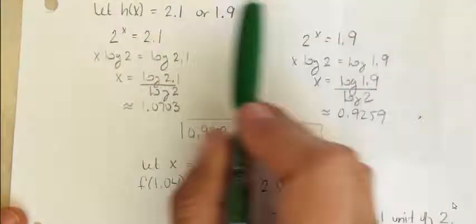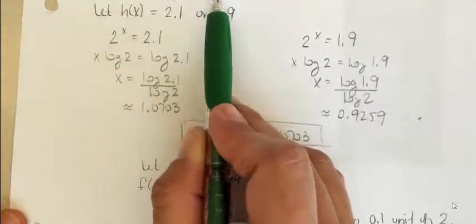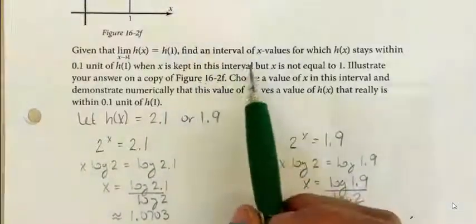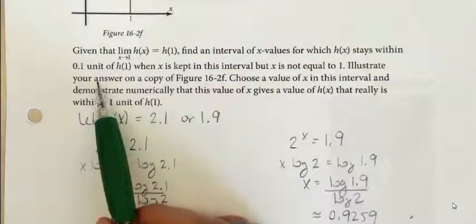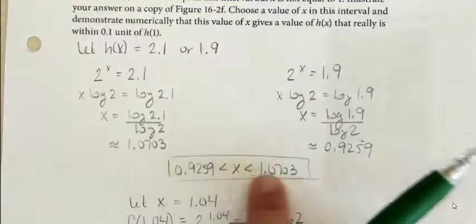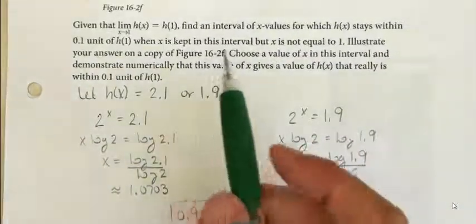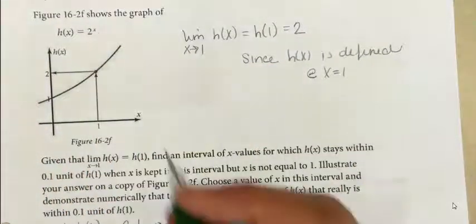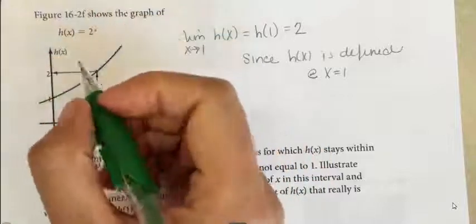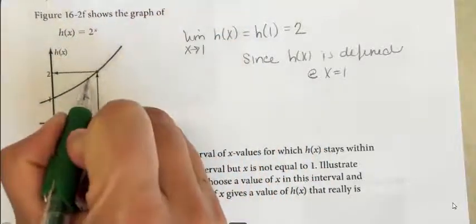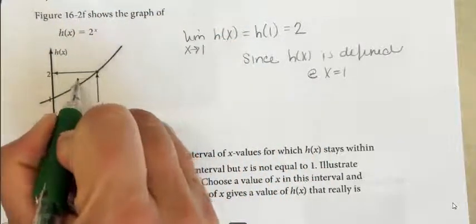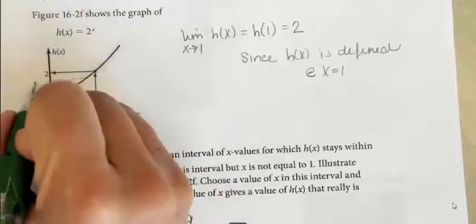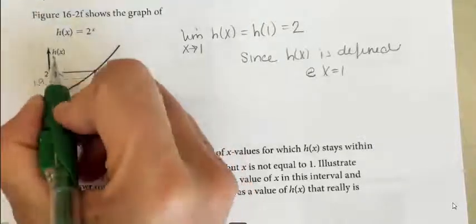Oh, and then I have to actually show, I was supposed to illustrate your answer on a copy of 16.2, so I kind of missed this. Sorry. So illustrate this answer right here on a copy. We're just going to use this copy right here. I know that I can choose any number within 0.1, and I'm going to be kind of messy about it, but this is 1.9.